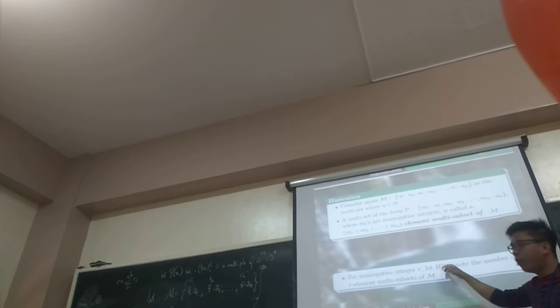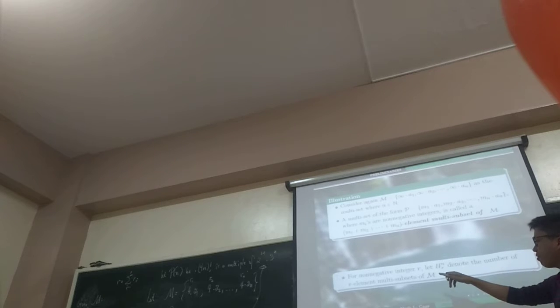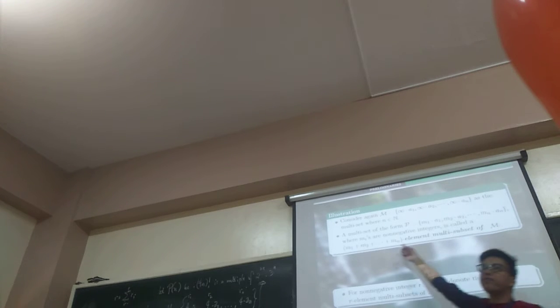I don't want to read that n sub R. Just this symbol denotes the number of R-element multi-subsets of M. The R is the sum of the MIs. R is the R-element multi-subset, M1 plus M2 plus up to Mn elements. So R elements is the sum of the MIs. Okay?